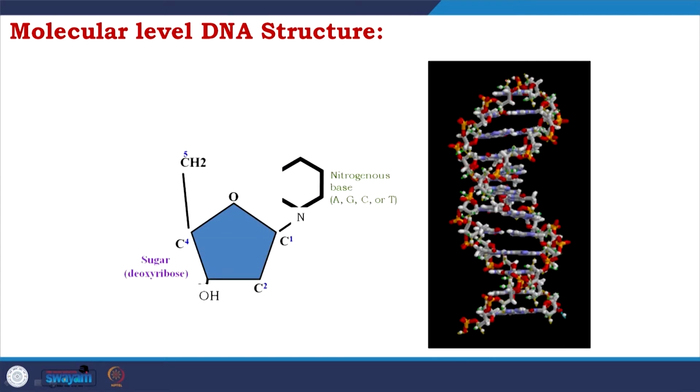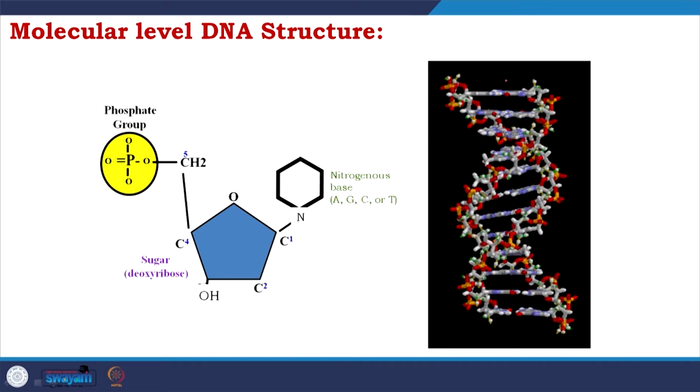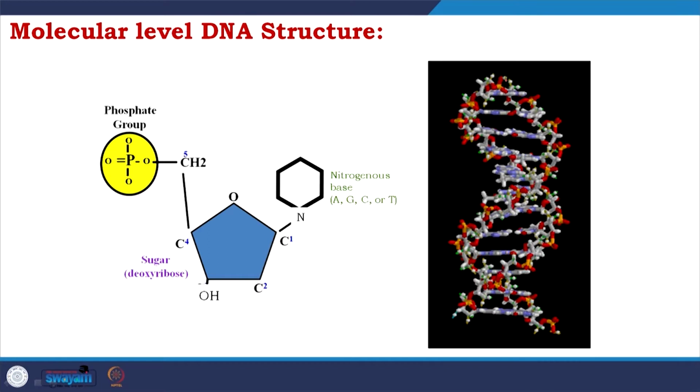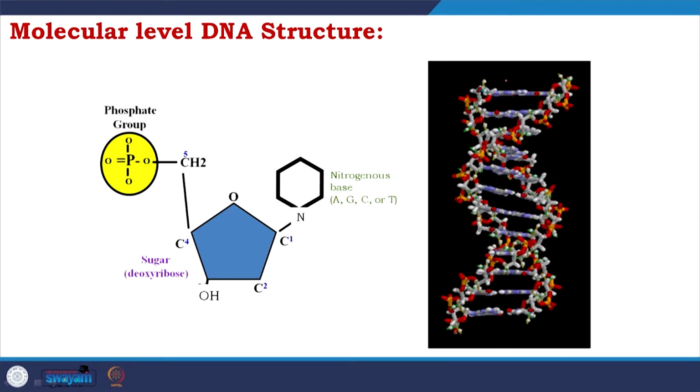If you look at the molecular components, there are three major components you could see in DNA or even in RNA. There is a sugar. In DNA it is called deoxyribose sugar, whereas in RNA it is called ribose sugar.